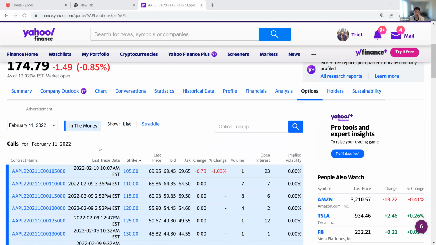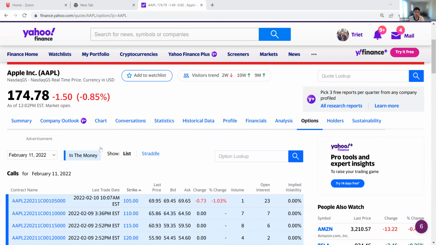So open up Yahoo Finance. Here, the current price for Apple is 174, right?